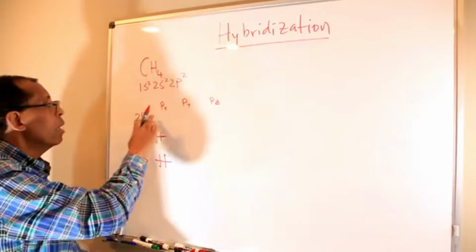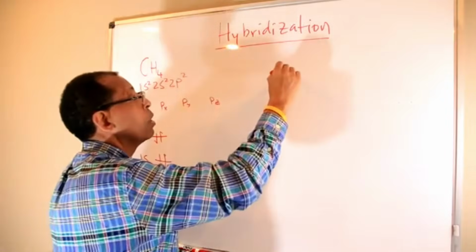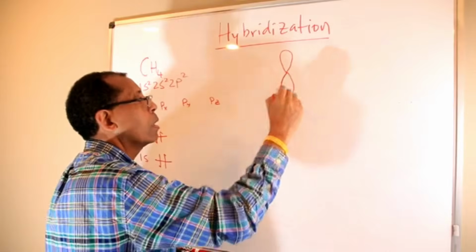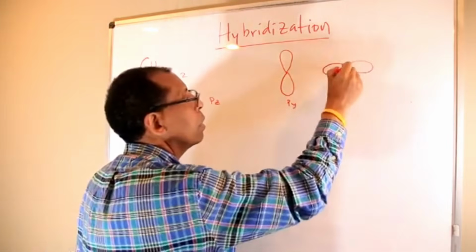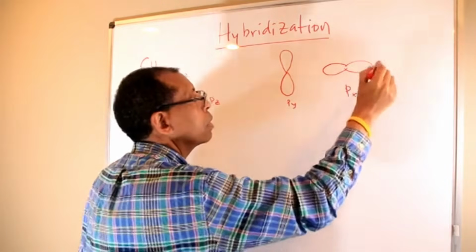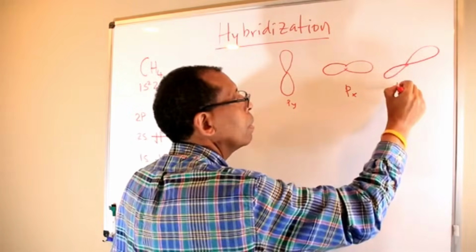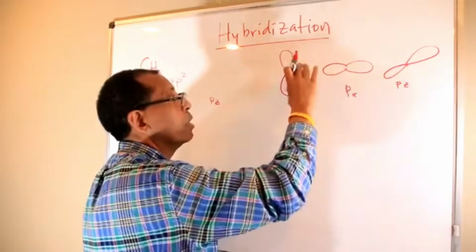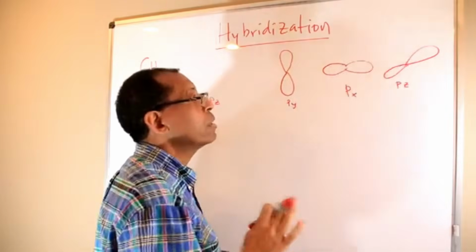But in the p orbital, if I just show you the shape, one is in the py direction, one is in the px direction, one is in the pz direction. These are the 3 orbitals that each one of them would contain 2 electrons, 2 electrons, 2 electrons, a maximum of 6.